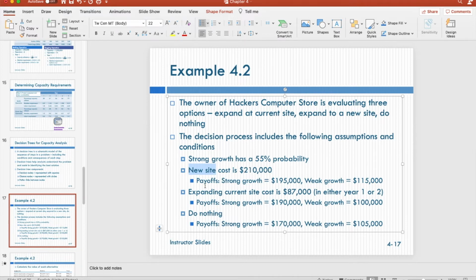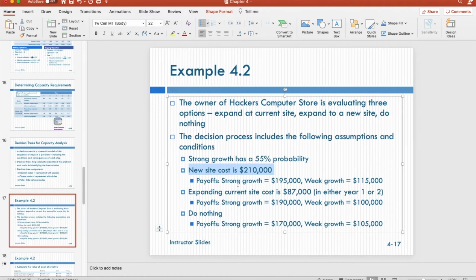Since you incur more costs during this procedure, you should have some benefit, at least in probability, right? Suppose we finally decide to expand to a new site.